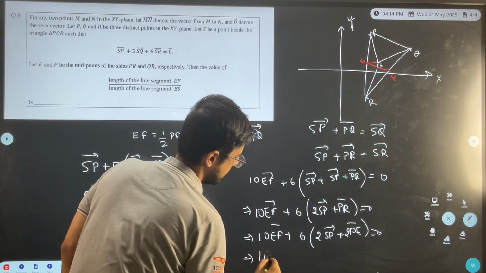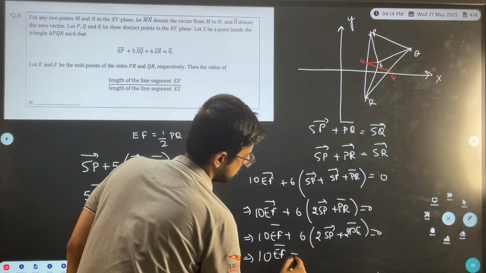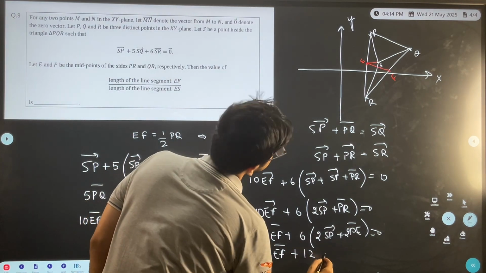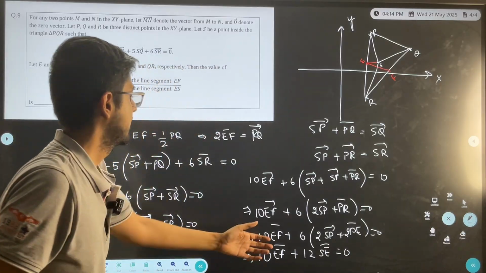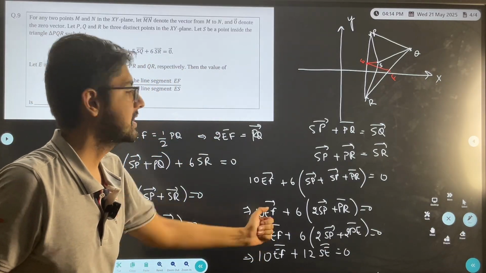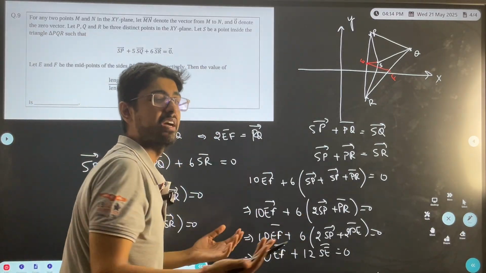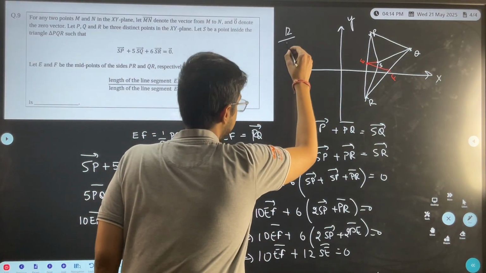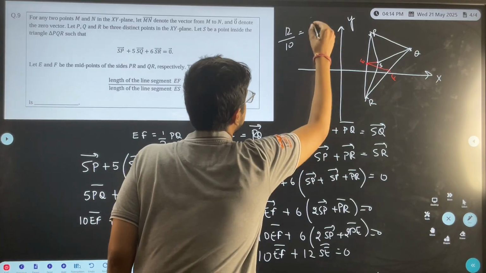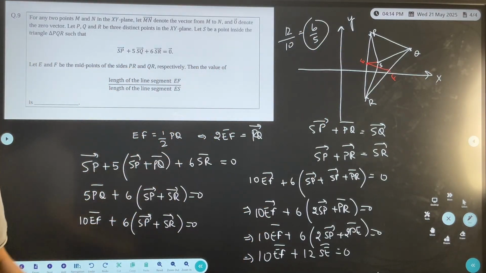So, this will give me 10 times EF bar plus 12 times SE bar is equal to 0, and hence the length of EF by the length of SE, given that we are taking lengths, we need not worry about the sign, is 12 by 10, which is 6 by 5, and that's the answer to this question.